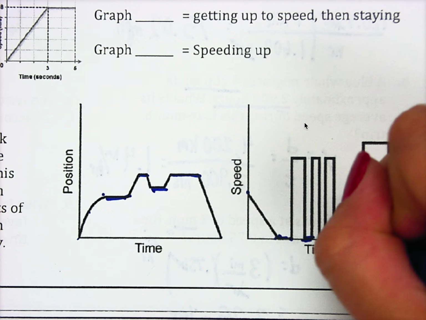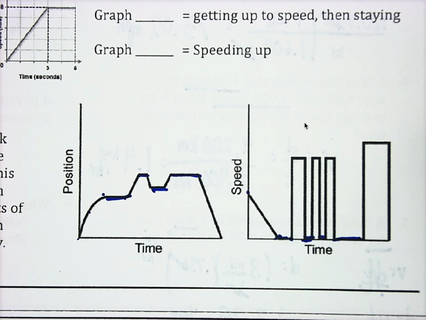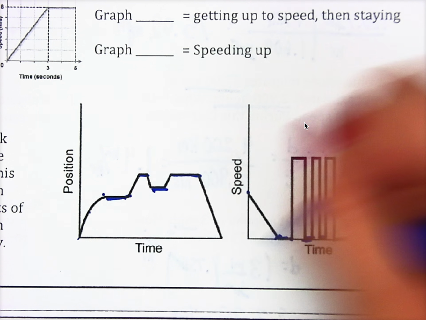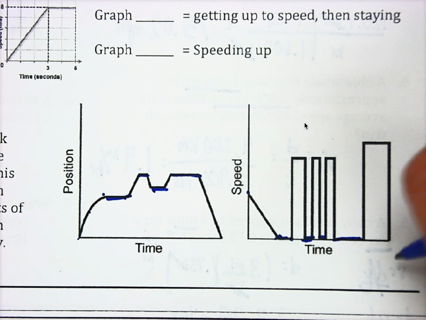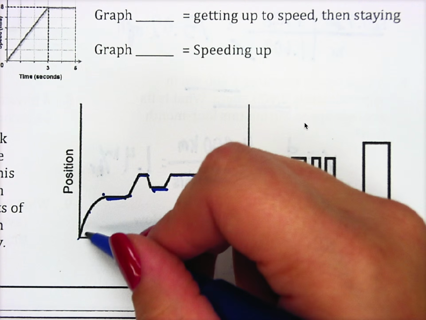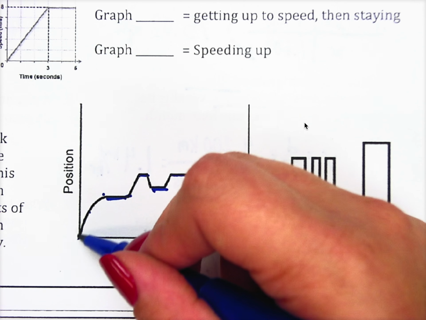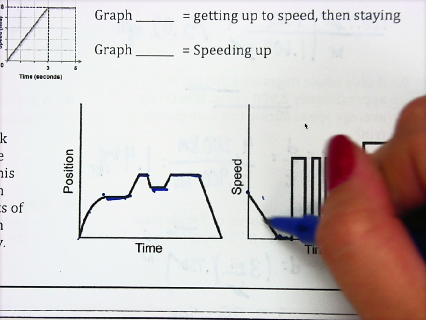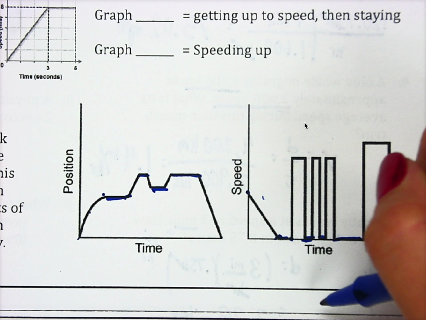The part that it's the fastest is where the slope is the greatest, which looks like it's right here on the end, which you can see there as well. The reason that it's a slanted line here is because it's a curved line here. This one is gradually slowing down, so this one is slowing down.